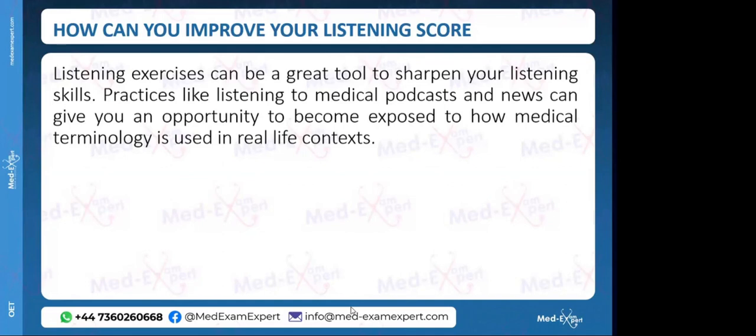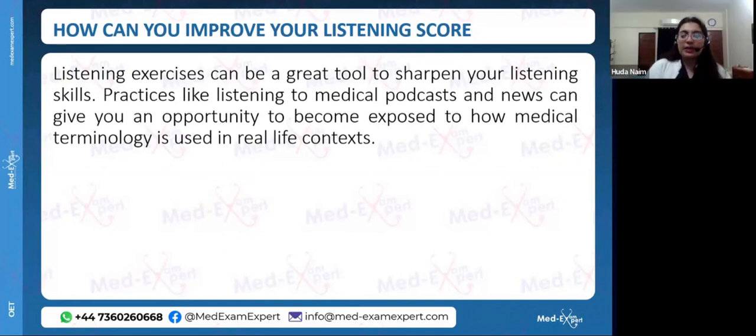So the key to listening part B is that you do not have to match the correct answer. You have to understand what the passage is talking about, what the gist of the passage is. All of the answers would be given in the passage, but the question generally wants you to understand what the passage is talking about in a nutshell.